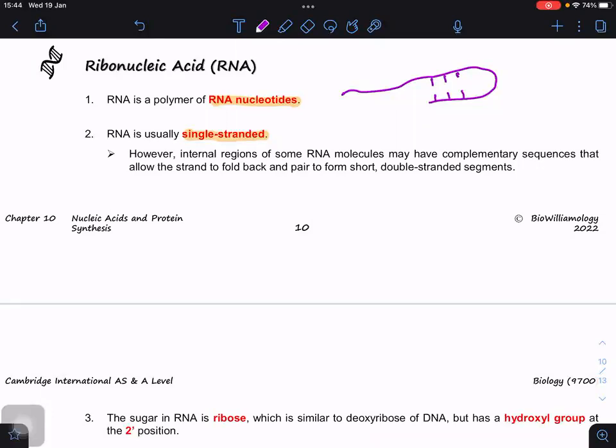Are you clear? For example, A and U. Let me draw it out this way. So you may have A here, U here, C, G. But they're still single-stranded, even though some parts of the molecule have this complementary base pairing.